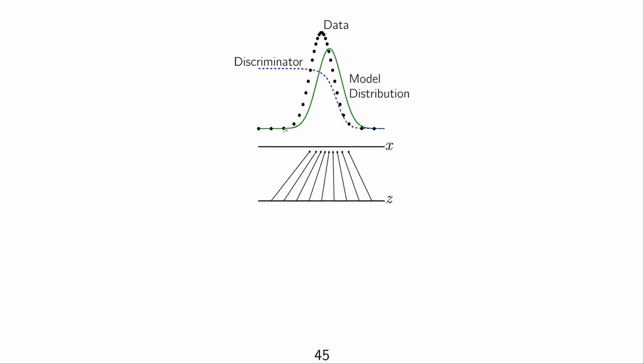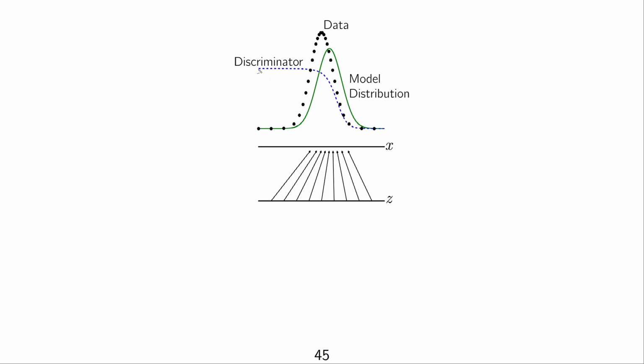The green curve is the model distribution, the dotted black thing is the data distribution, and the discriminator would evaluate the ratio of the probabilities. So that is the ratio between p_data divided by p_data plus p_model.